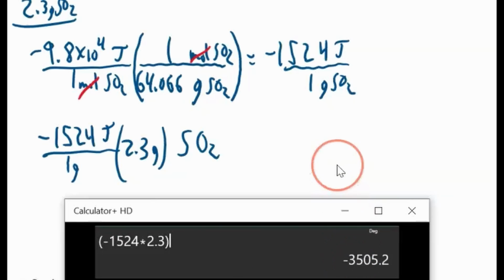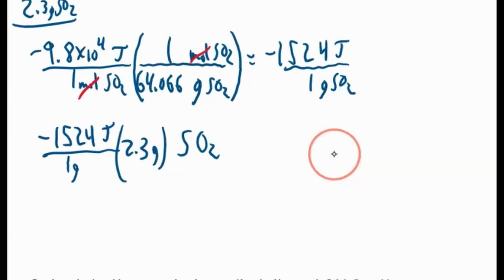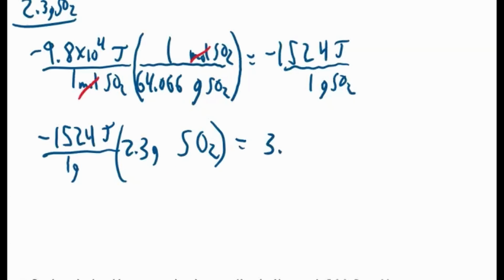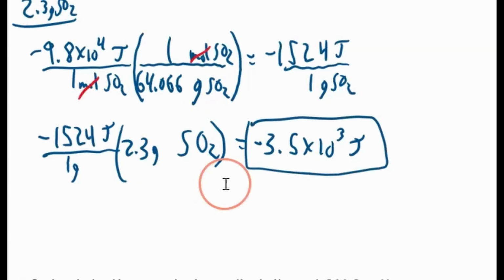So negative 3.5 times 10 to the 3. This is grams of SO2. Negative 3.5 times 10 to the 3 joules is produced of internal energy for this here. Okay, let's do the work.